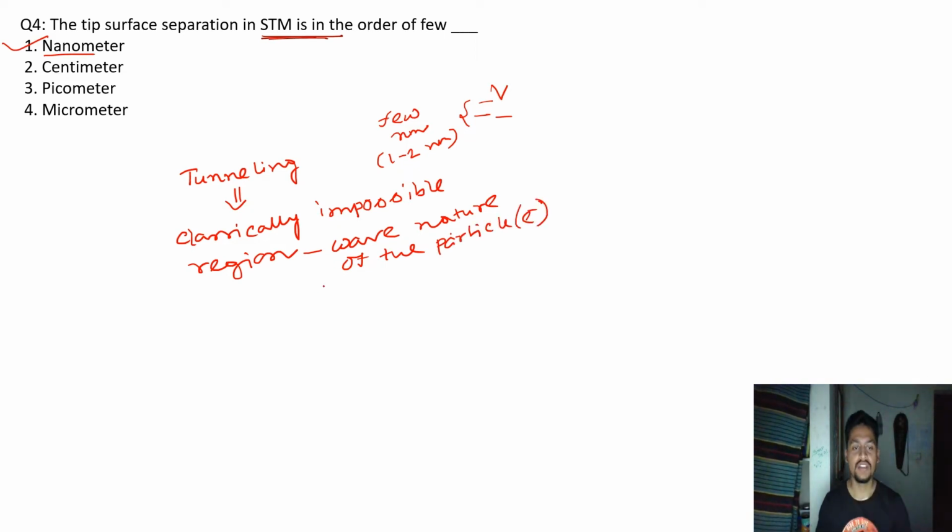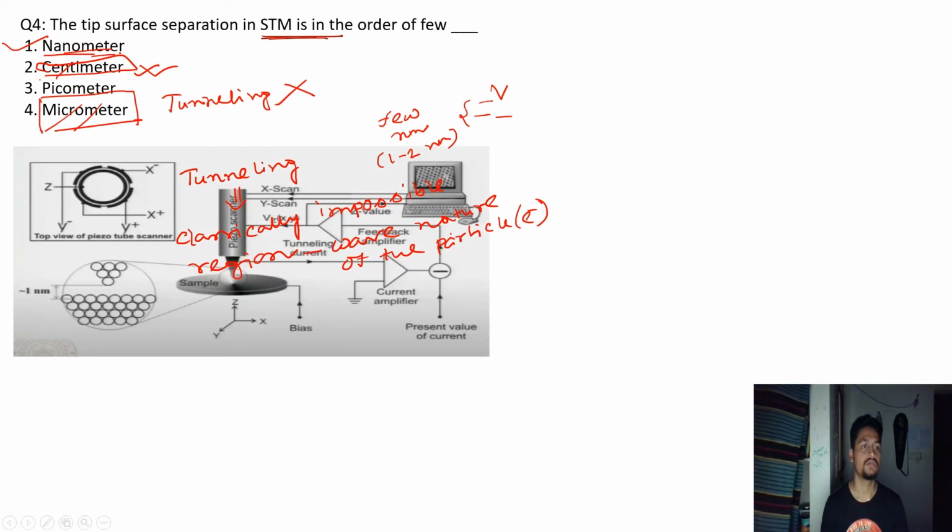So obviously the separation cannot be much higher, it cannot be centimeter. This is totally wrong. Centimeter and micrometer are much larger scales, where tunneling is not possible, and normally it is kept at nanometer, right?